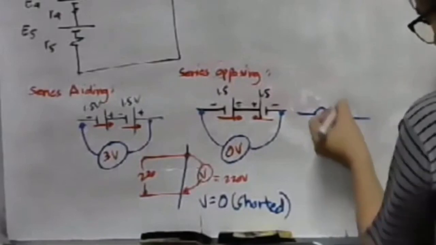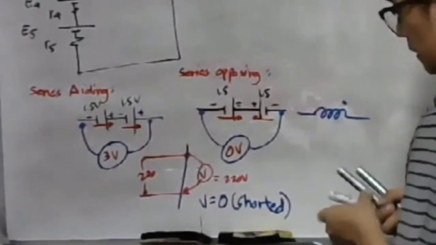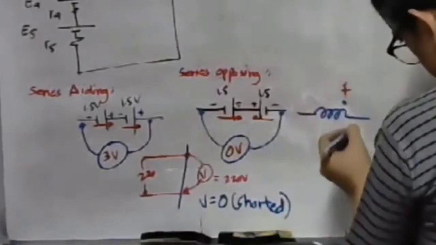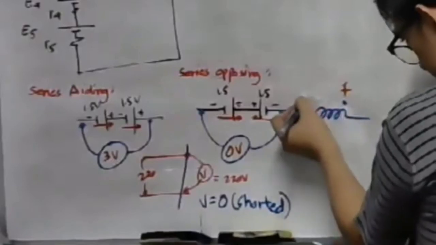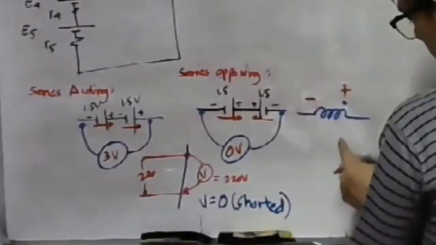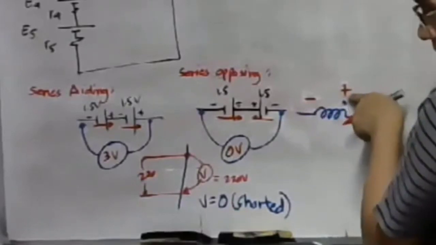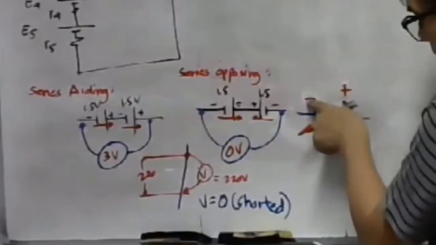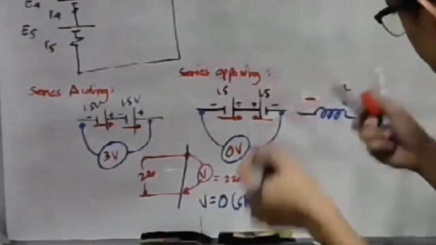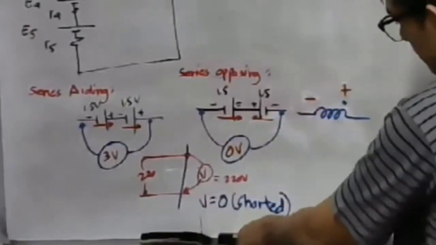This is what we call the polarity mark. That signifies the positive. Of course, the other side is the negative terminal at a certain instant. If there is a polarity mark, that is automatically the positive terminal, and the other side will be the negative terminal. Well, we will discuss this in our higher studies in electrical engineering.